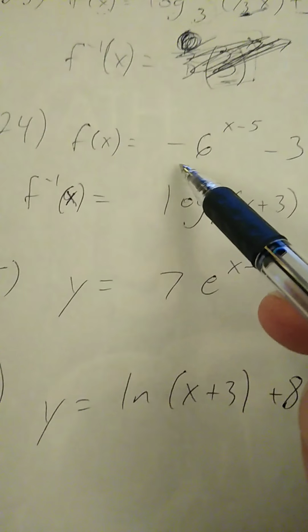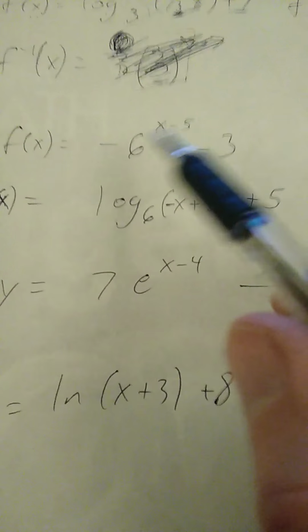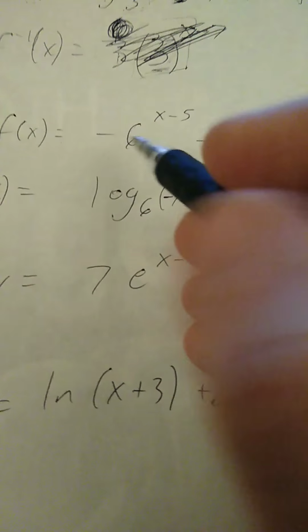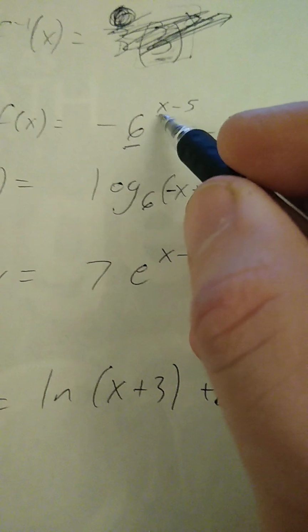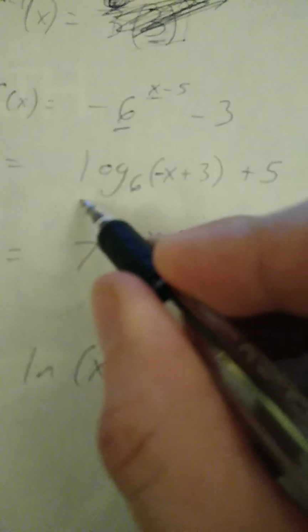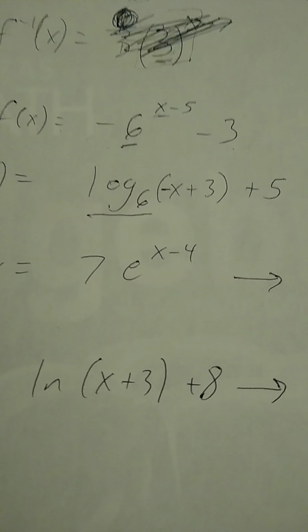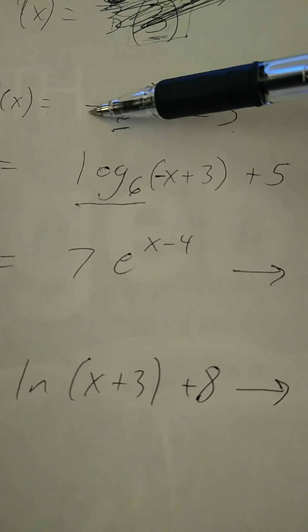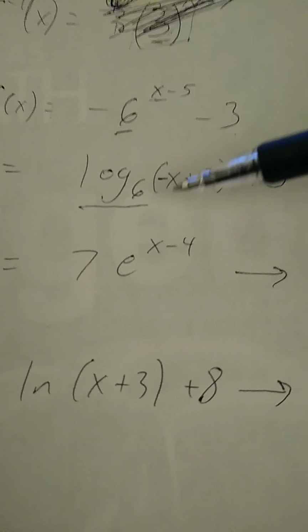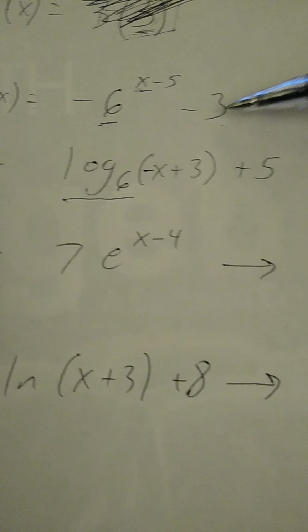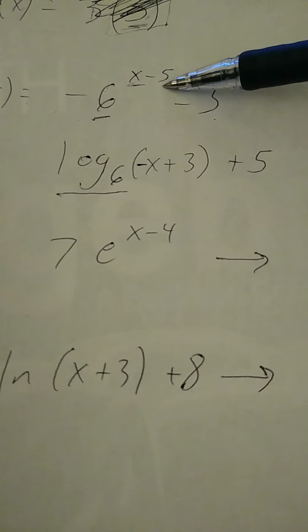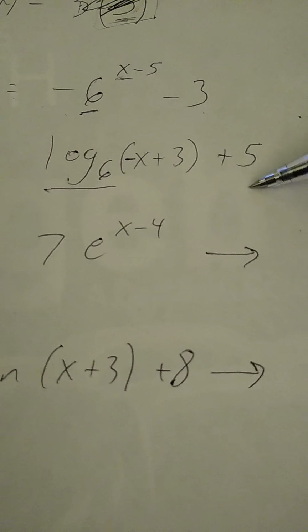So on the next one, 24, I've been given negative 6 to the x minus 5 exponent, minus 3. This is an exponential in base 6. So the inverse would be a logarithm in base 6. Now I have a negative on the outside. That means a negative on the inside.